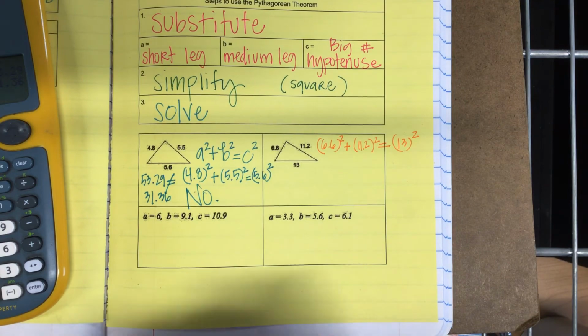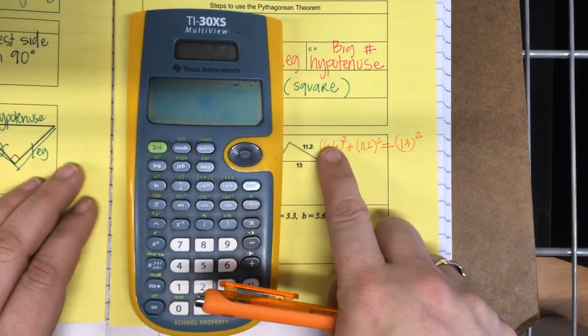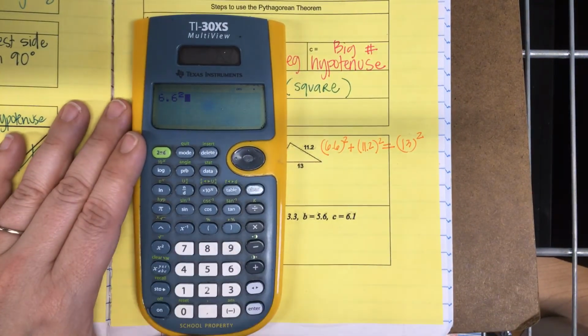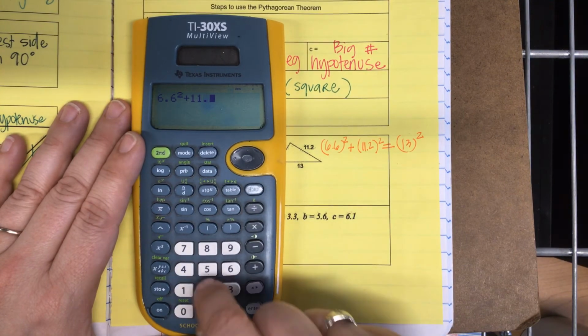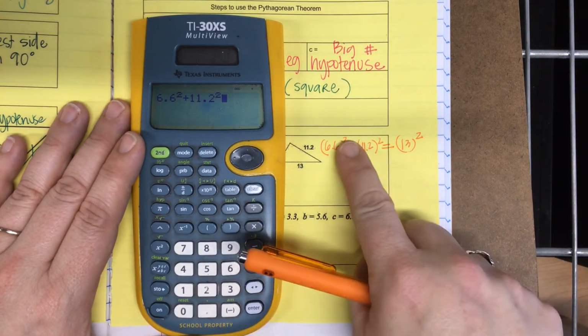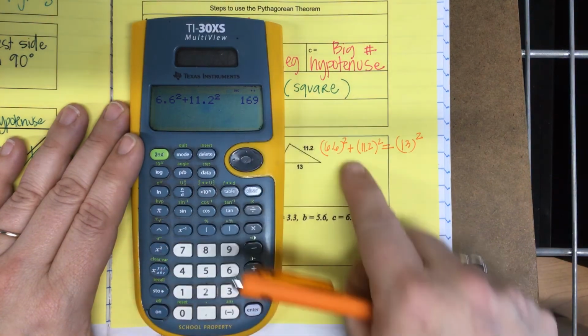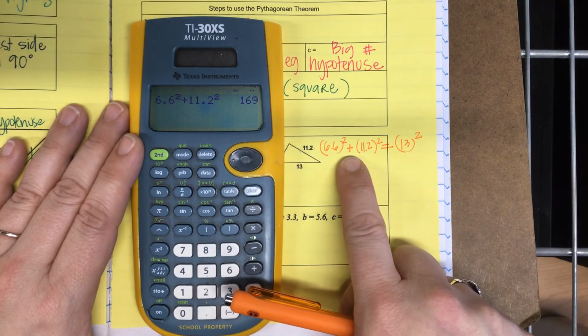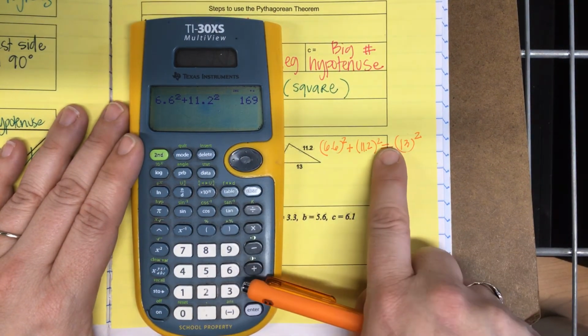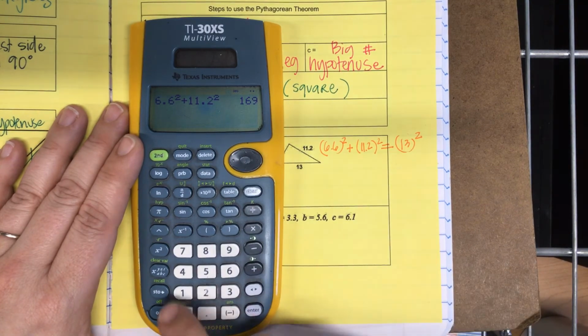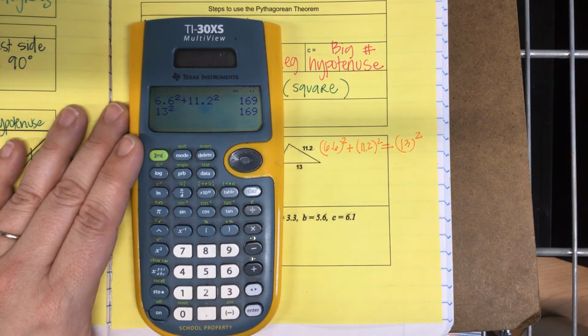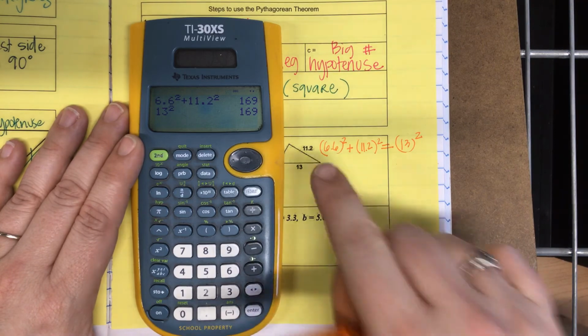Yes? Then I'm going to use my calculator. 6.6 squared plus 11.2 squared equals, right? And then I'm going to go over here because it should equal whatever's over here. 13 squared. Are they the same? Yes. Is this a right triangle? Yes.